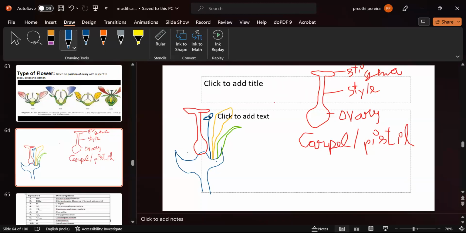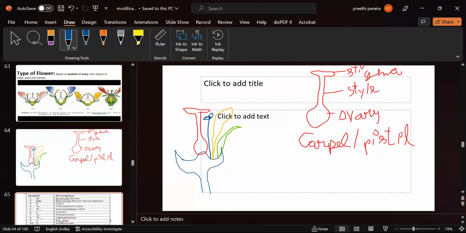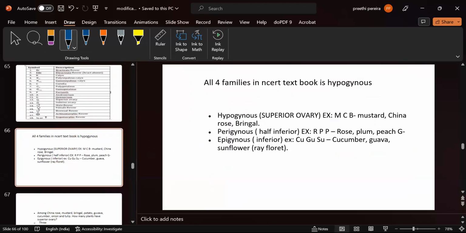A flower in which the ovary is on top and the other whorls are coming from below it is known as a hypogynous flower. So the flower in which the sepals, petals and androecium arise below the ovary is called a hypogynous flower. We say that the ovary is superior.